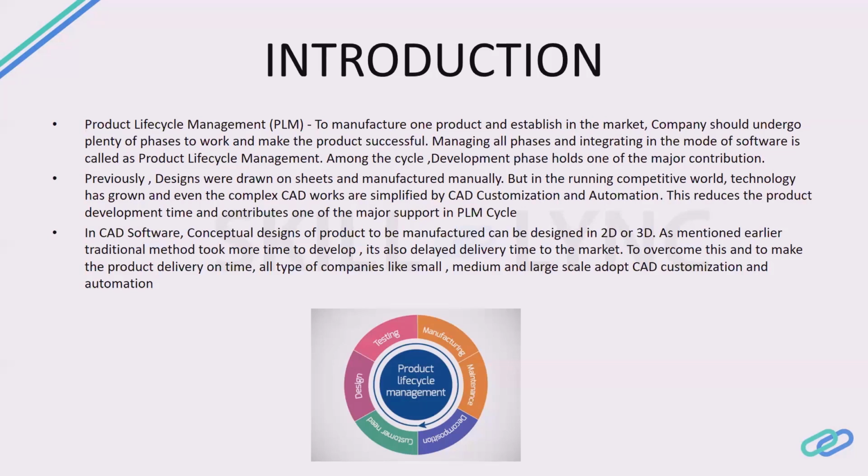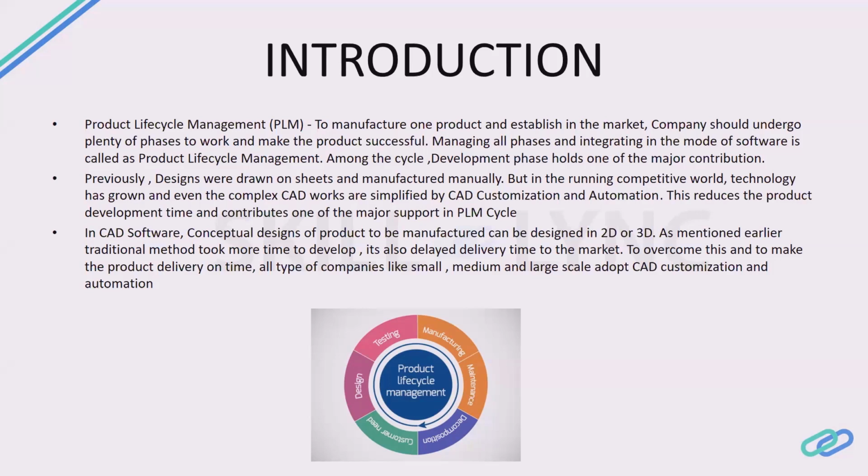Here, before going into CATIA, I would like to share one thing. Before CATIA or any design software suite came, people did the design in 2D or 3D drafting. So it took more time to design, more time to develop, and more time to get that idea into the manufacturing phase. It also delayed the time to market, the delivery time.